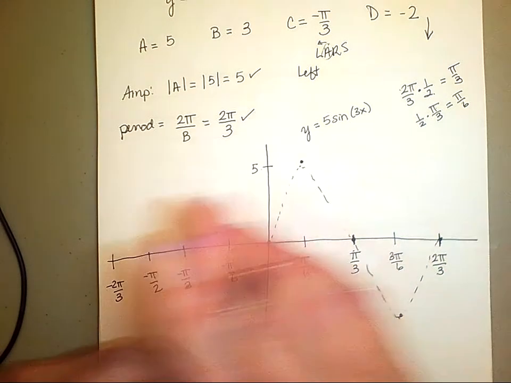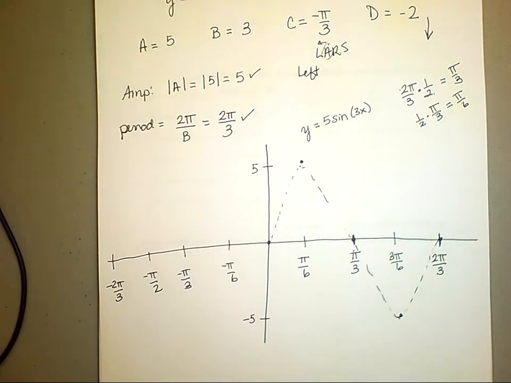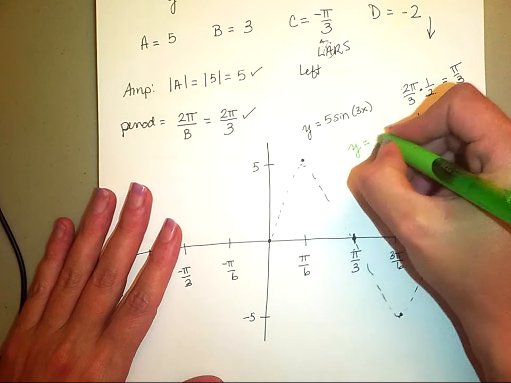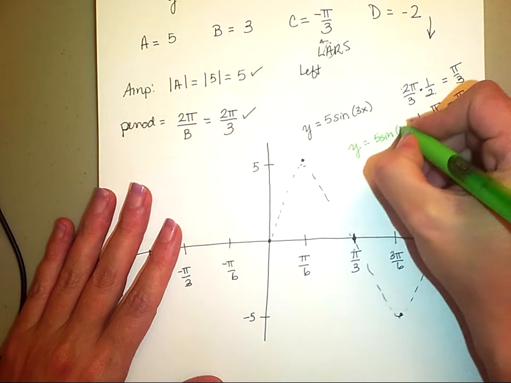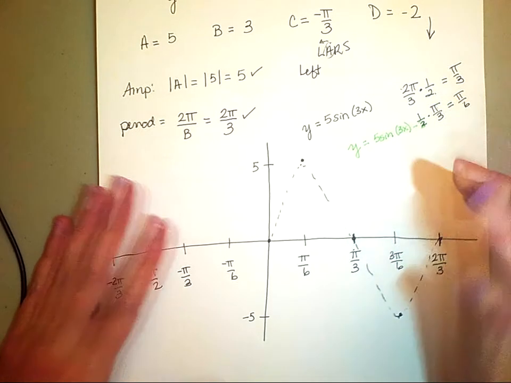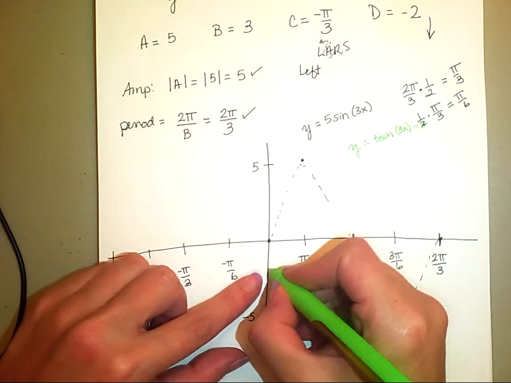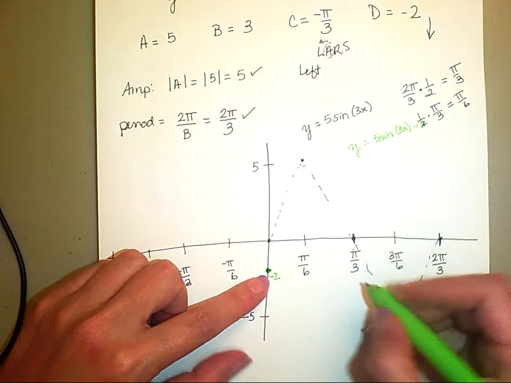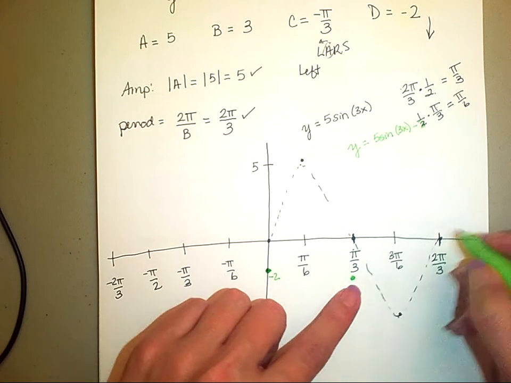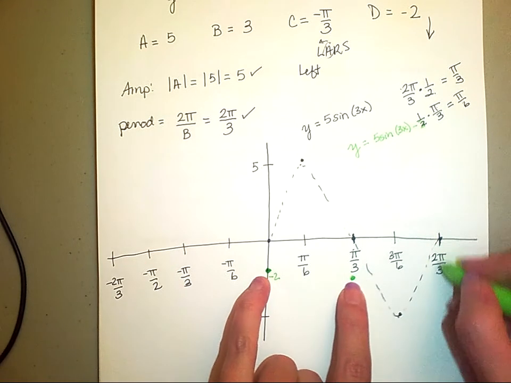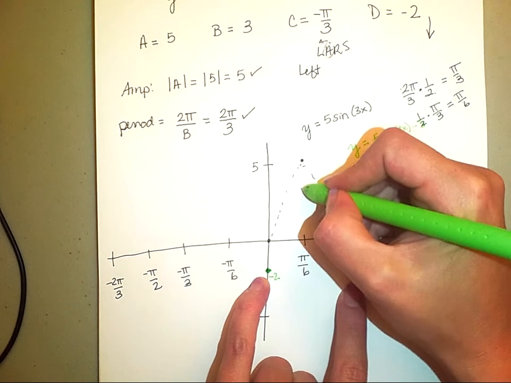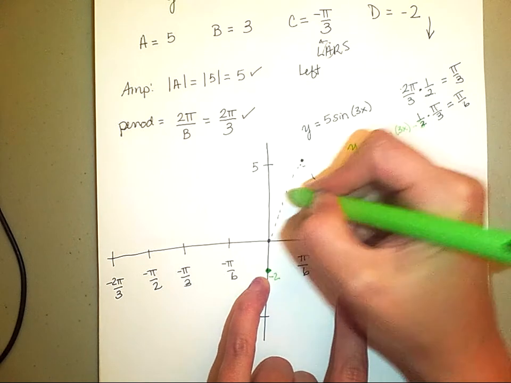Now let's drop it 2 units. We can do that. If we do y is equal to 5 times the sine of 3x minus 2, everything's going to stay the same. It's just now this is negative 2. This is negative 2. This is negative 2. Now this comes down 2 units, so this is a 3.